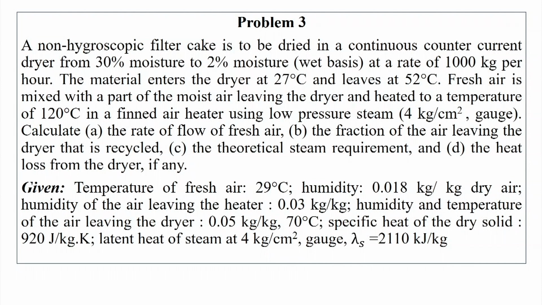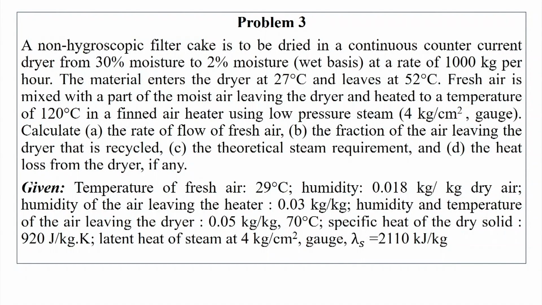So, now we will be solving one problem on the continuous dryer. The problem is very simple: a non-hygroscopic filter cake is to be dried in a continuous counter current dryer from 30% moisture to 2% moisture, that is weight basis, at a rate of 1000 kg per hour.